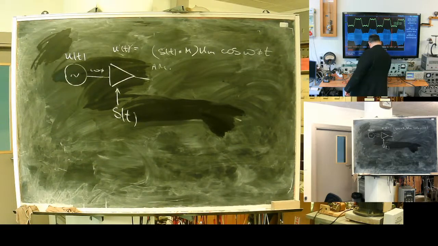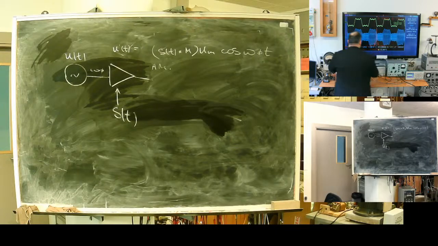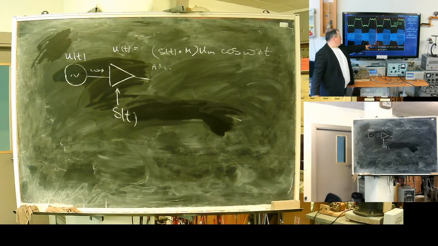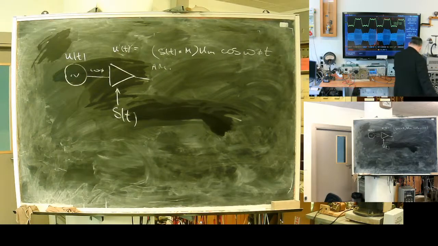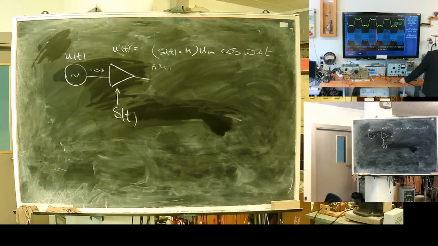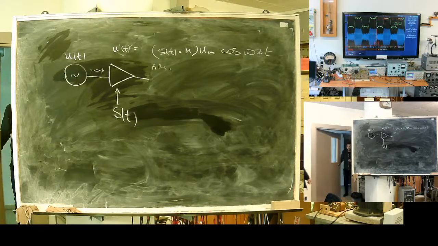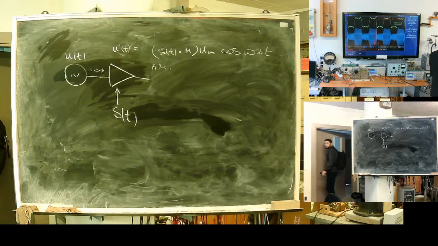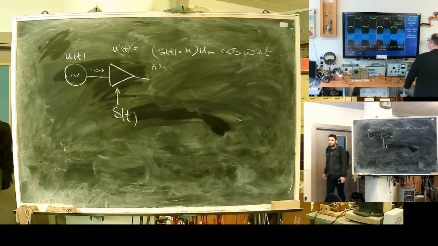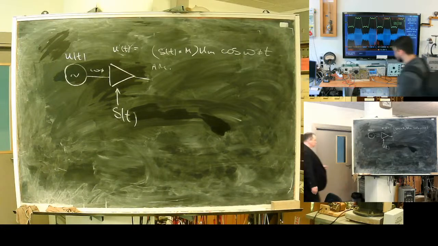One second, where are you? Here, the red line is a spectrum of this signal. Red line is a spectrum of this signal.